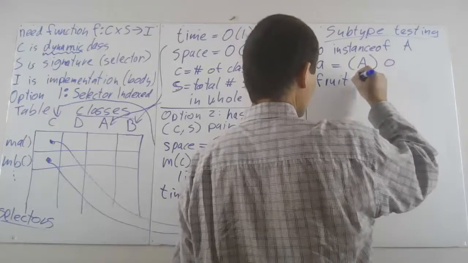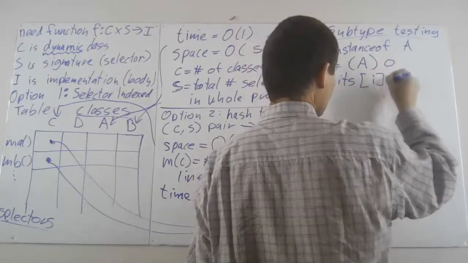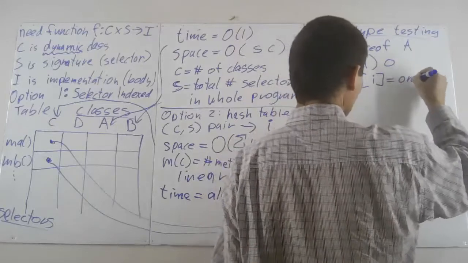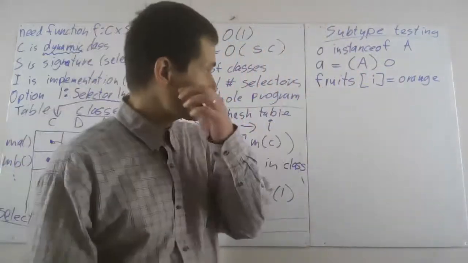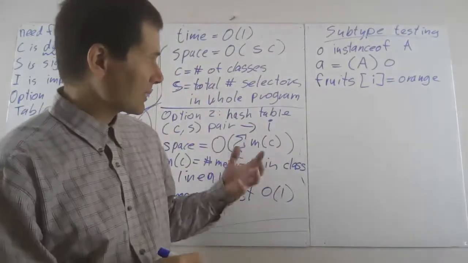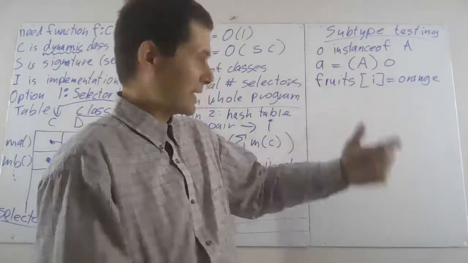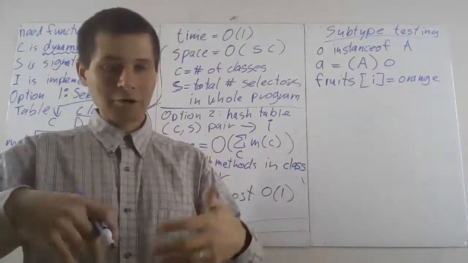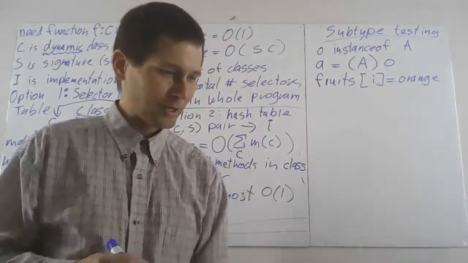So if I have an array of fruits and I store an orange into it, I'm going to need a runtime type check to make sure that this array of fruits doesn't happen to be, maybe, an array of apples that I'm not allowed to put an orange into.